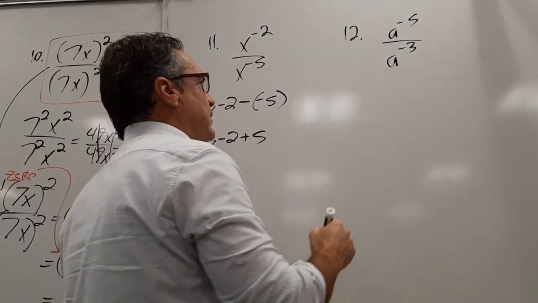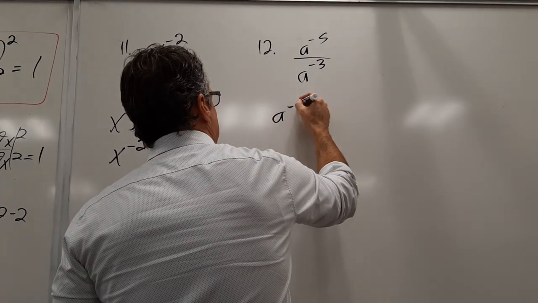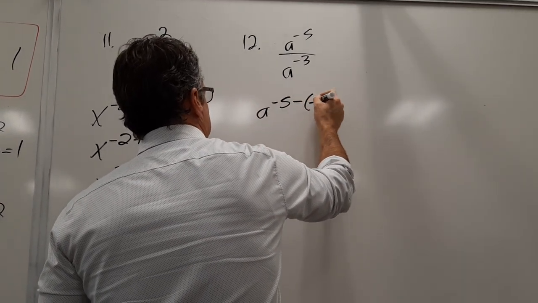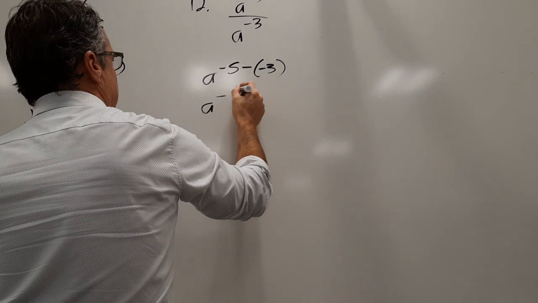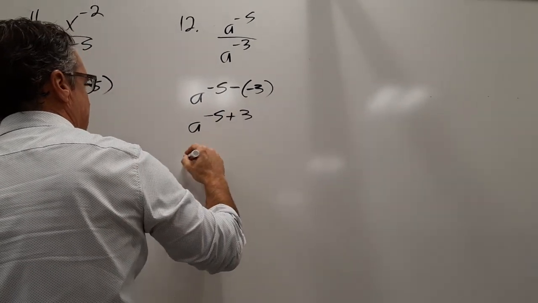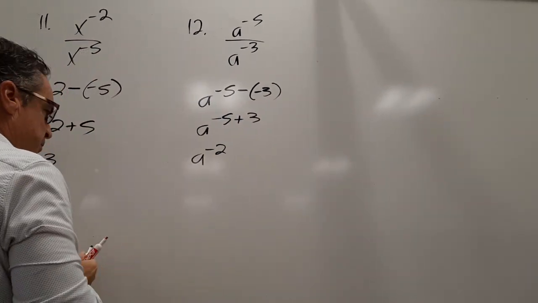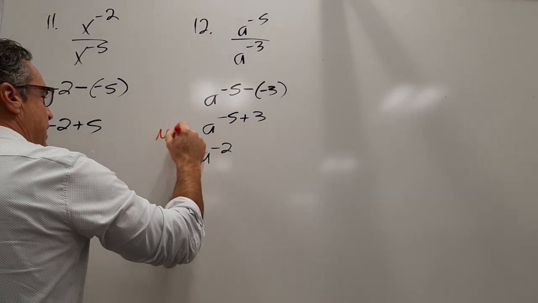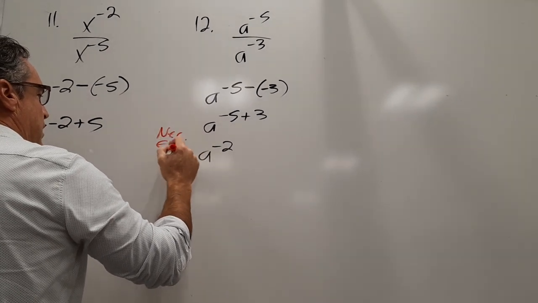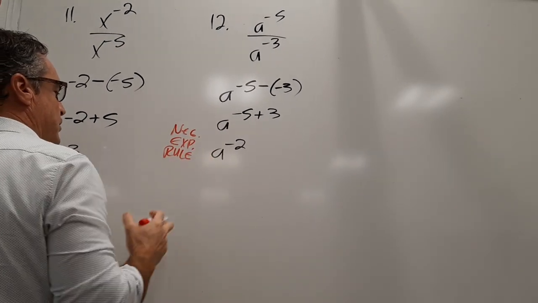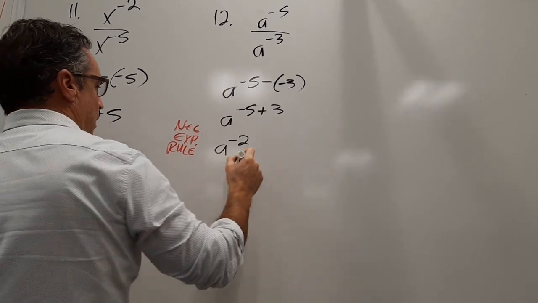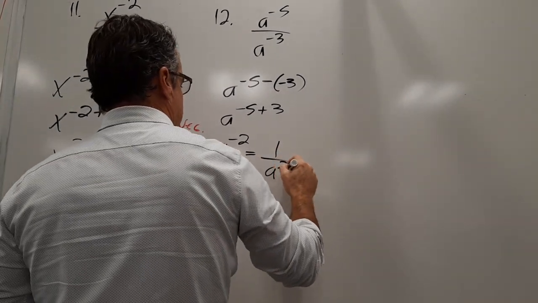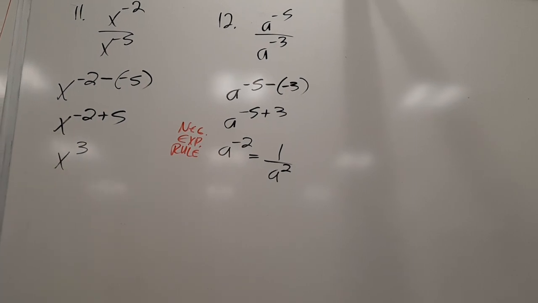And then finally here we have a to the negative 5 minus negative 3, which makes a to the negative 5 plus 3, which makes a to the negative 2. At this point, we have to apply the negative exponent rule because we can't have negative exponents unless we're talking about scientific notation. And this equals 1 over a to the second. And that is all. You can pause.